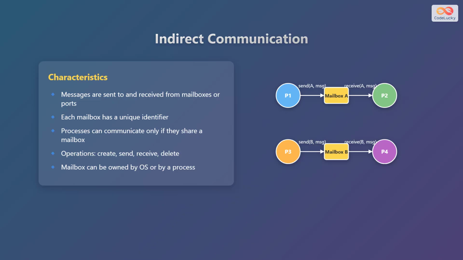Process 1 sends a message to Mailbox A, and Process 2 receives the message from Mailbox A. Similarly, Process 3 sends a message to Mailbox B, and Process 4 receives the message from Mailbox B. Operations include send A message and receive A message, as well as send B message and receive B message.